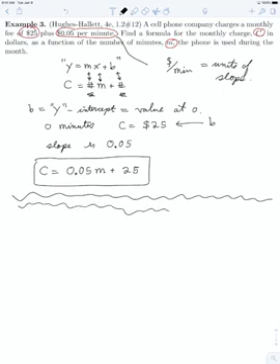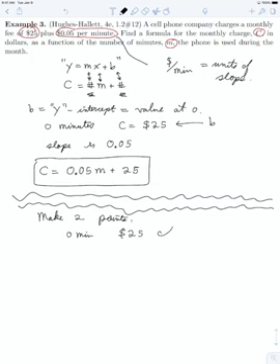But again, they didn't give it to us, so I have to change it a little bit. If you want to do this a slightly different way, you can make 2 points and then make it more like the other problems. So 1 point would be 0 minutes means $25 charge. They kind of gave us that.